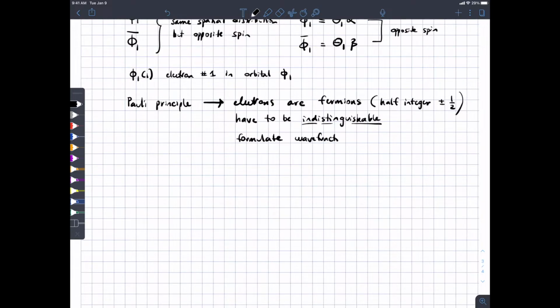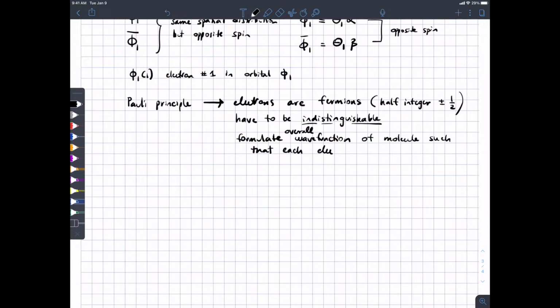And this is the jump, and it's kind of difficult. Formulate the wave function of the molecule such that each, and by wave function of the molecule, I mean the combination of all of the wave functions, all of the orbitals. So in our hydrogen example, this would be the bonding orbital and the anti-bonding orbital.